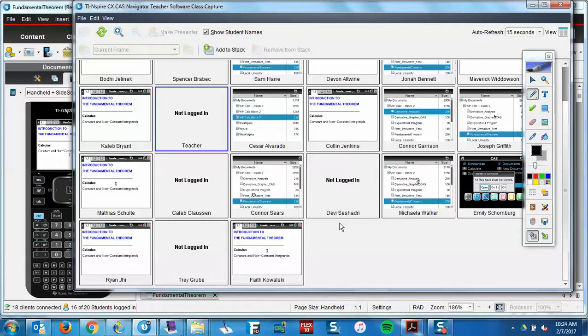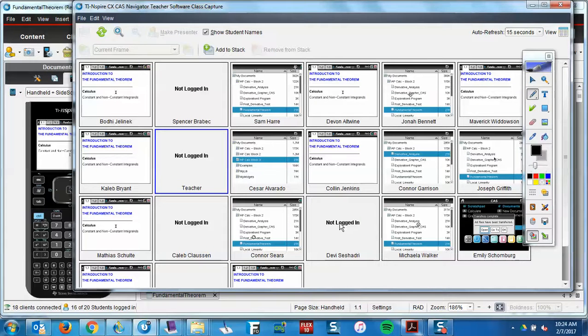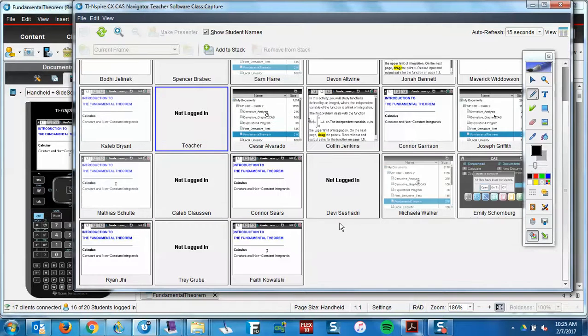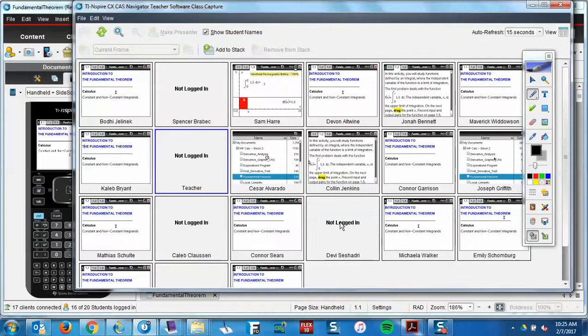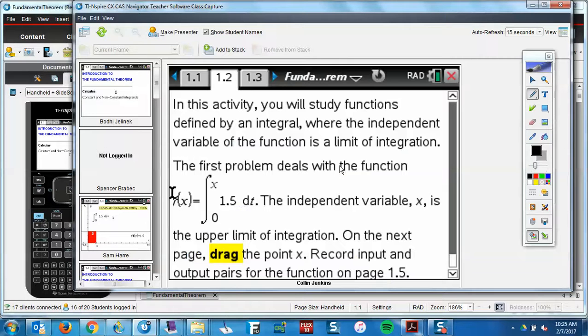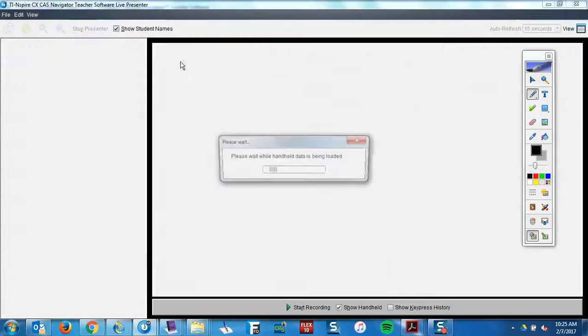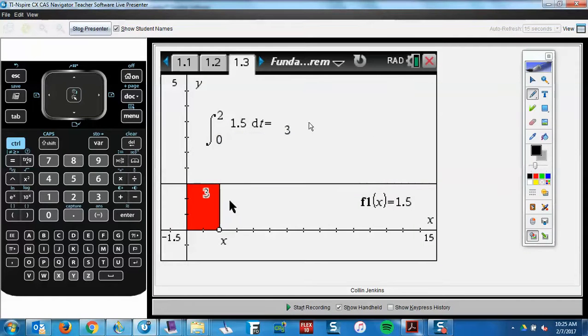Fundamental theorem. What's it called? Is it called fundamental theorem? Colin's a presenter. All right. Colin's a presenter and Faith is a recorder.